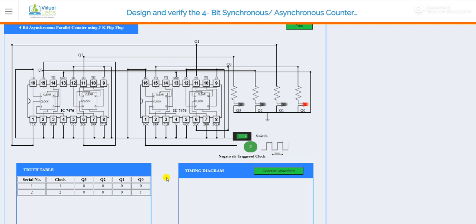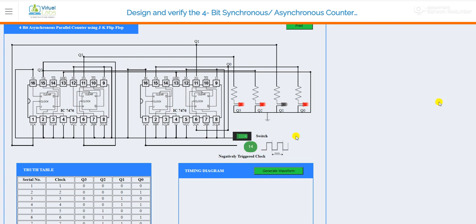Now, when I again click on this clock, I will achieve 0001. So the output is 1. Now on the next clock, the output is 0010. By clicking on this clock, we will get a particular output, and we can achieve it up to 15. So like 14.